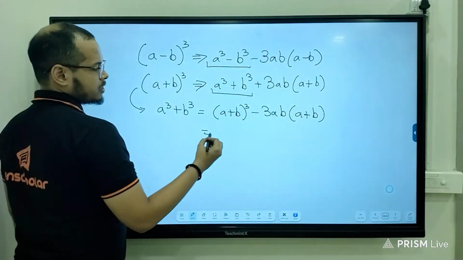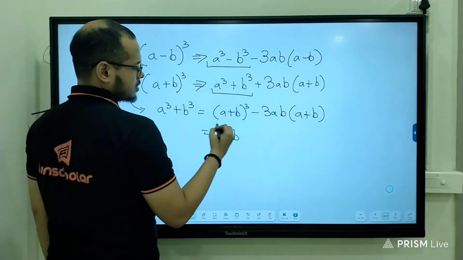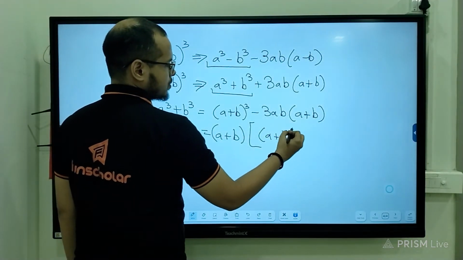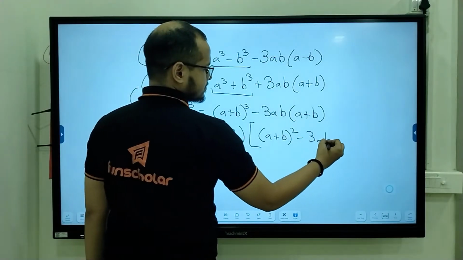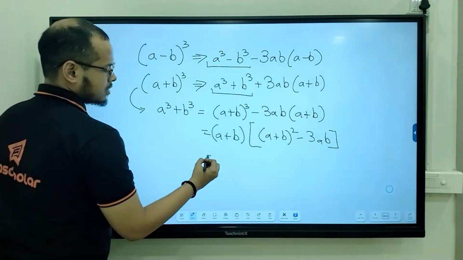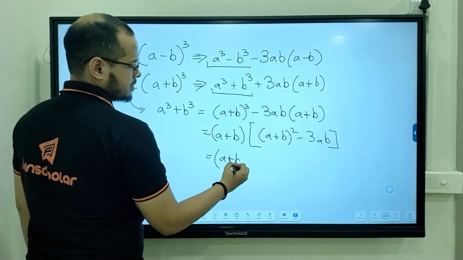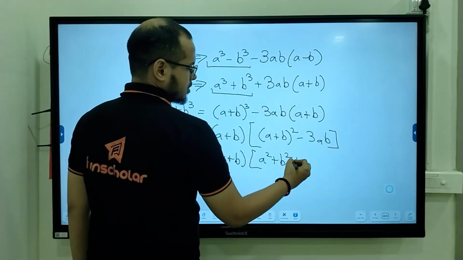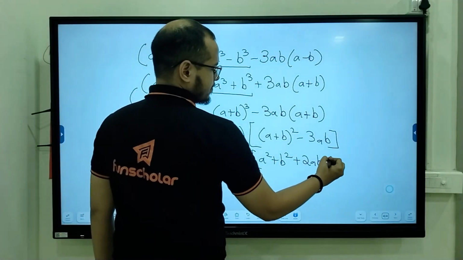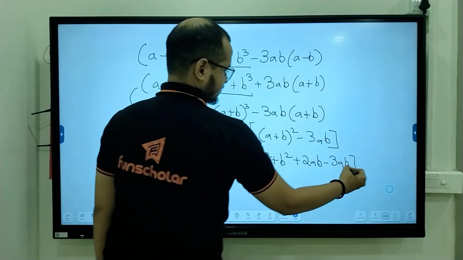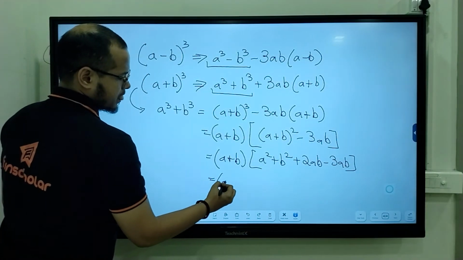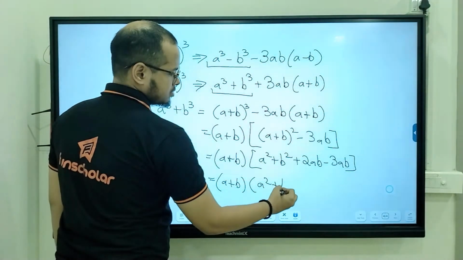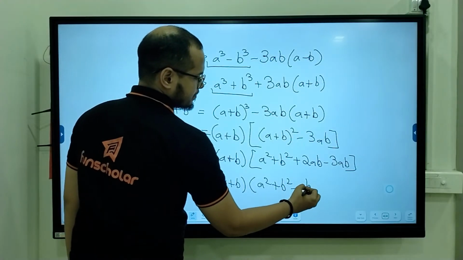Now if I take a plus b common, we are left with (a plus b) whole square minus 3ab. So (a plus b) into a square plus b square plus 2ab minus 3ab. So (a plus b) into (a square plus b square minus ab).